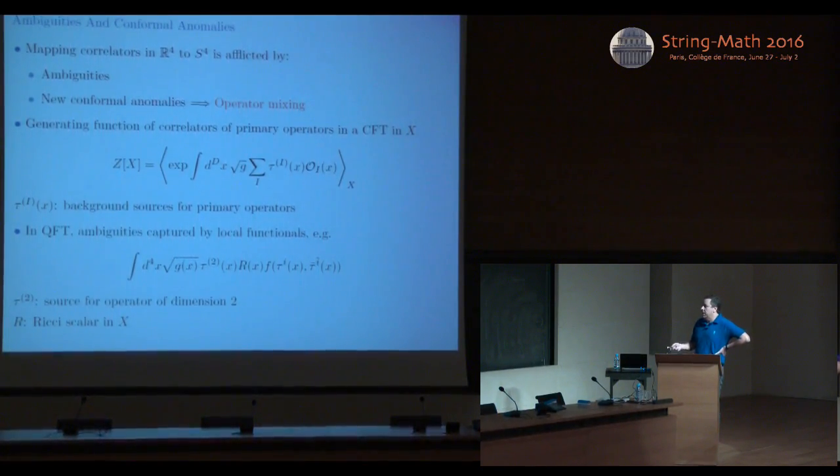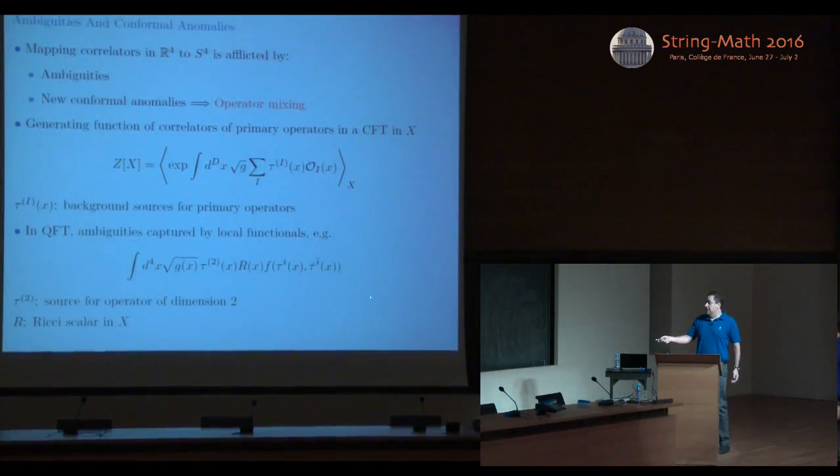Let's consider that your theory has an operator of dimension 2, which is the case in particular of a 4-dimensional N=2 superconformal field theory that has an exactly marginal operator. Let's call tau2 the source for that corresponding operator. By dimensional analysis, tau2 has dimension 2.